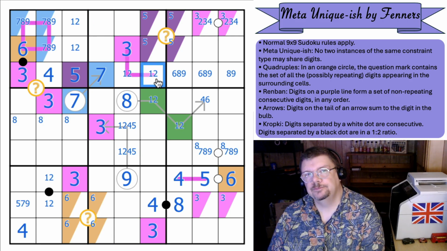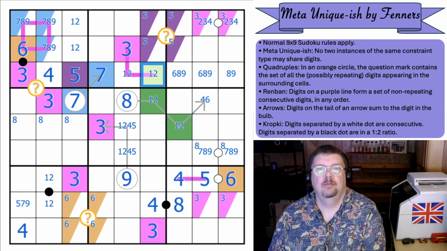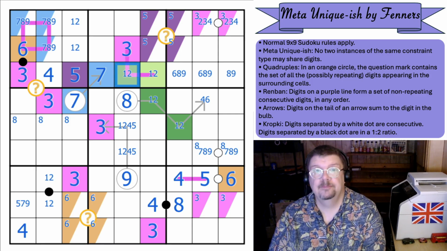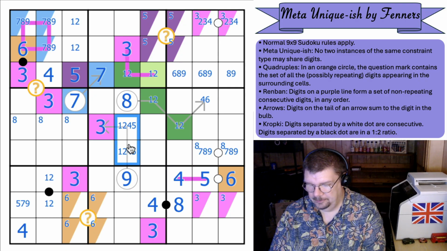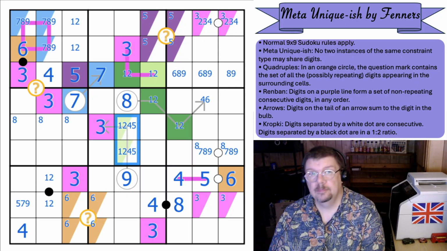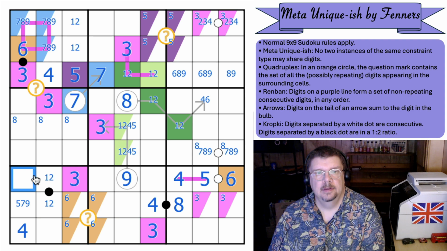Okay, let's give this, yeah, why not, light green and dark green. So one of those is light green. That can't be a 1 or a 2. That can't be a 1 or a 2 because I've got both of them in the box.